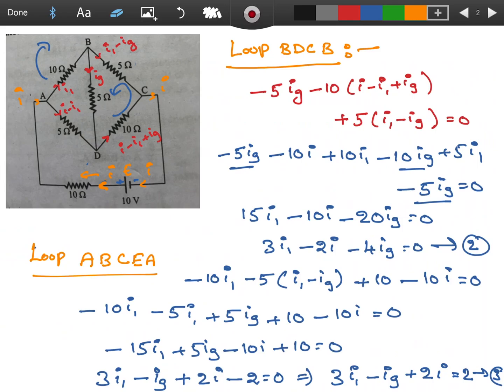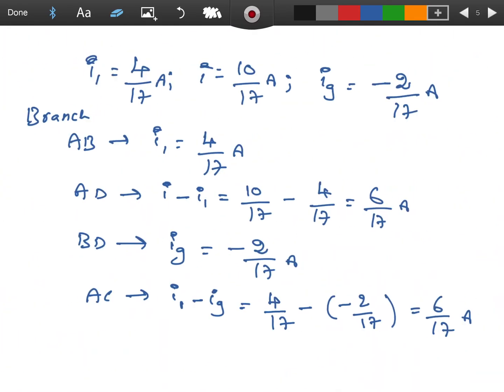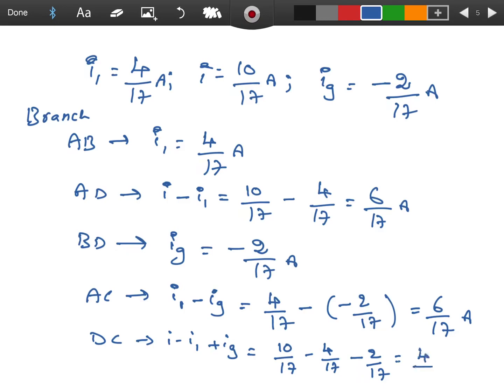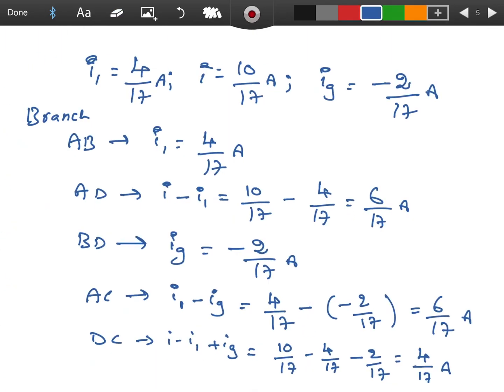DC it is I minus I1 plus Ig. I is 10 by 17 minus 4 by 17, Ig is minus 2 by 17. 10 minus 6, which is 4 by 17 ampere. D to C also over, 4 by 17 ampere. And total current 10 by 17. This is your answer.